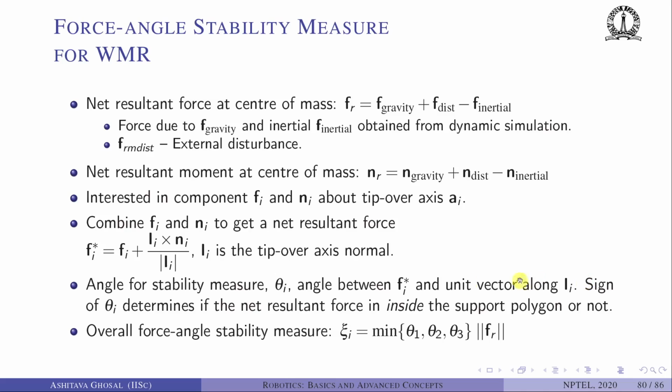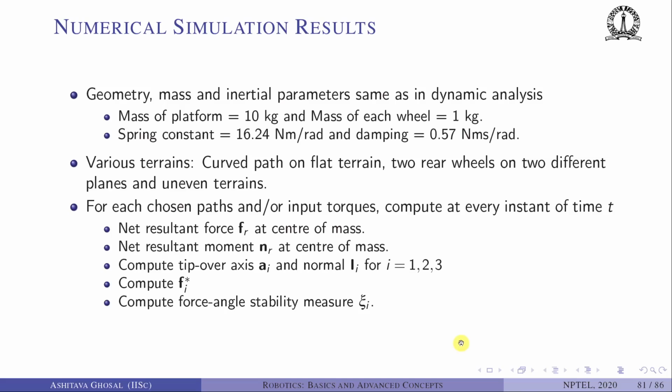The sign of θi determines if the net resultant force is inside the support polygon or not, and the overall force angle stability measure is psi I, which is the minimum of all three. So it can tip over any one of these three axes. So we need to find the minimum of θ1, θ2, θ3, and then take a decision about which axis it is going to tip over.